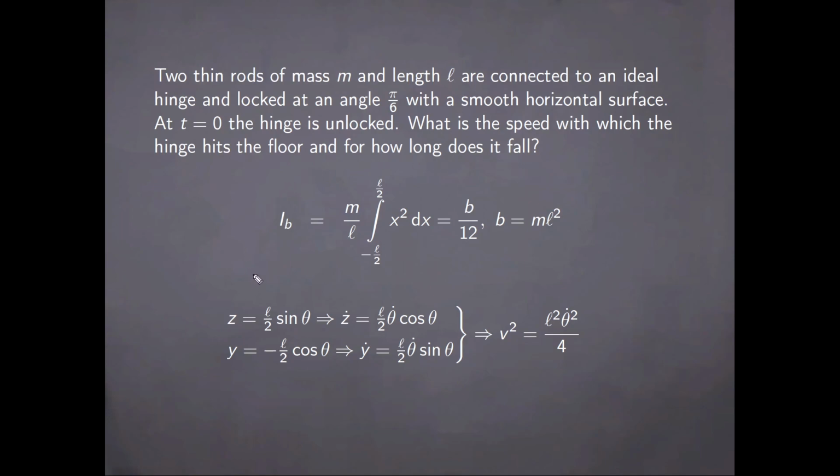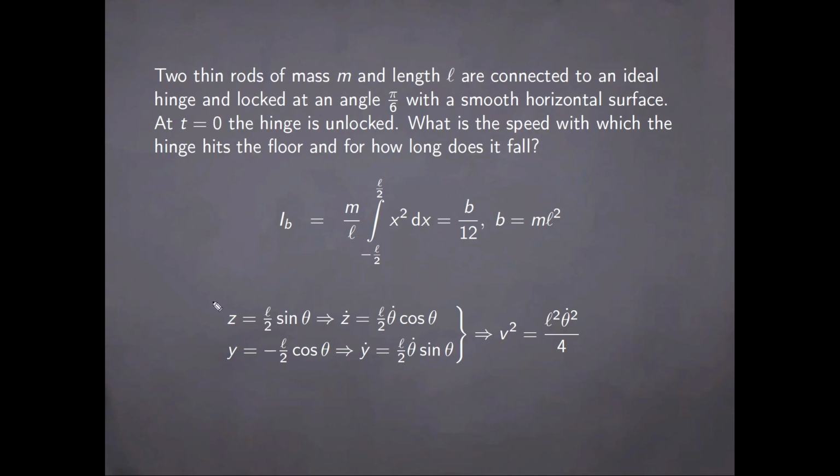So now, as the rods slide on the floor, they rotate about their centers of mass. So what we want to do is to calculate the moment of inertia for rotation about an axis passing through the center of mass and being perpendicular to the rod. And the result should be this one.